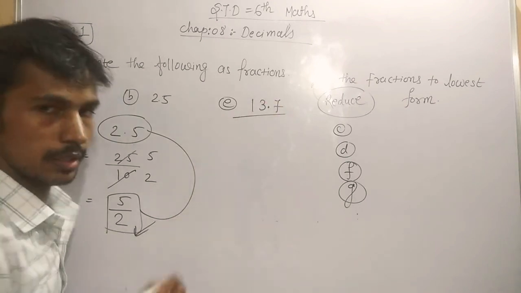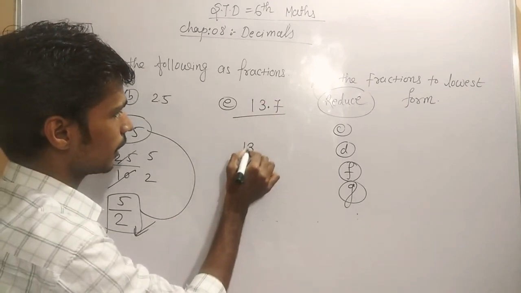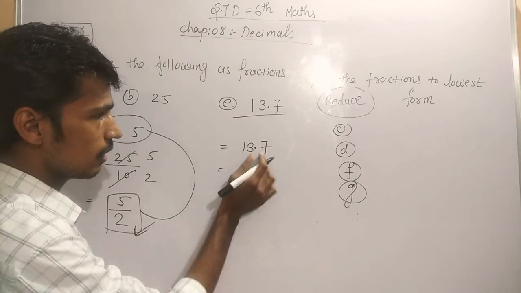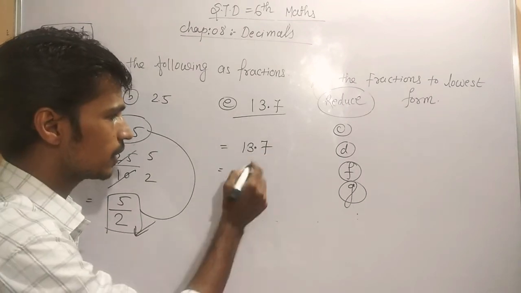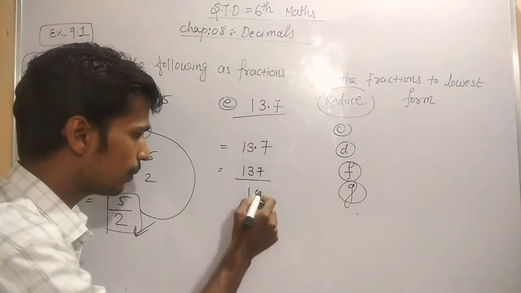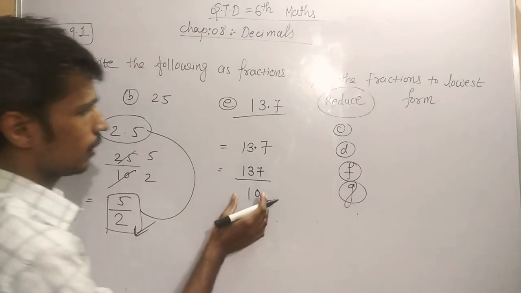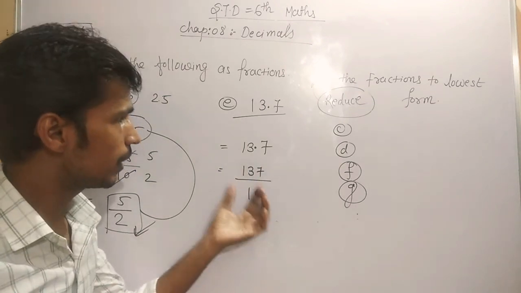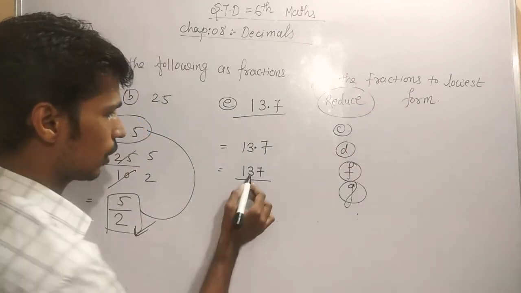Let us see the sum 13.7. One decimal. There is a point after one digit, so the value 10 will become the denominator. Now remove the decimal. Now show this number in lowest form.